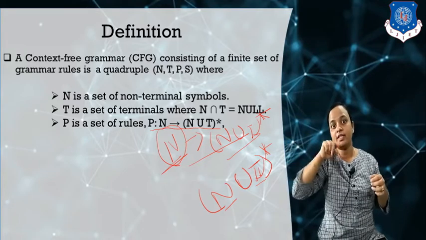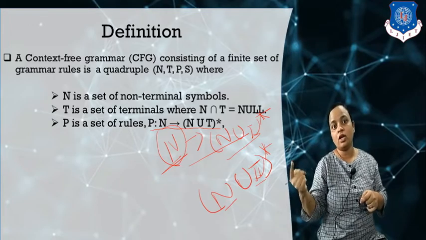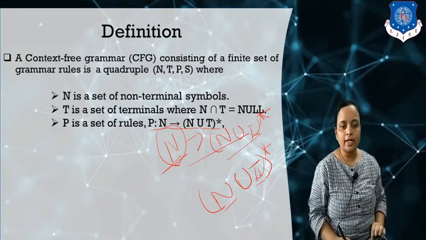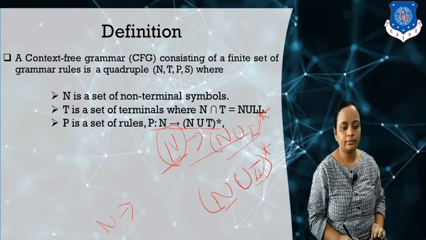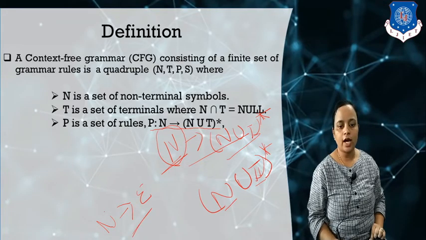Star indicates the symbol is repeated zero or more times, so it may contain a null string. So this is called the star.